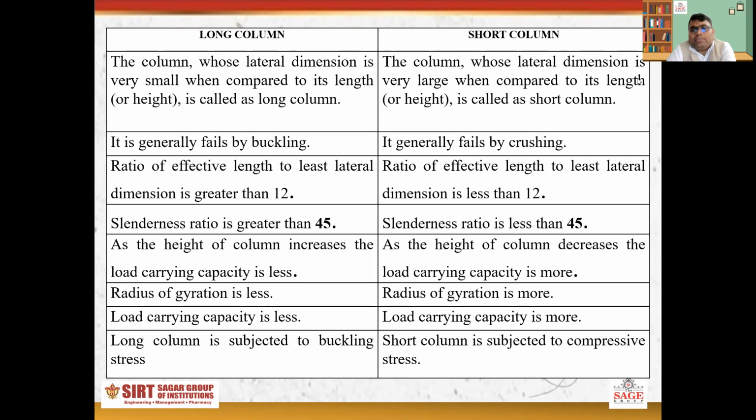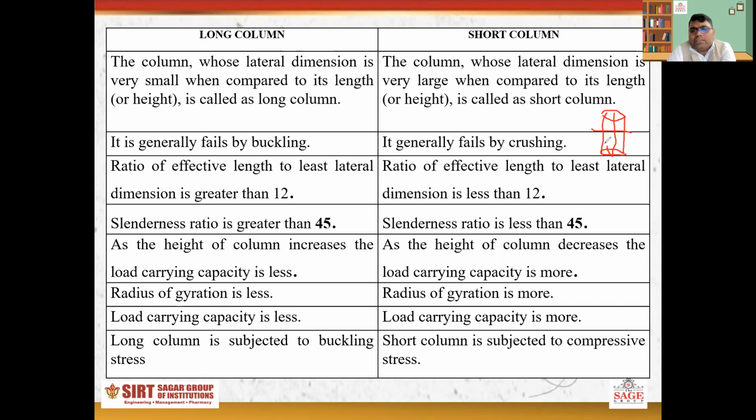So lateral dimensions, I think we already discussed in the previous classes. If this is a circular structural element, this is called the lateral dimension, and this one is the longitudinal dimension, toward the length.